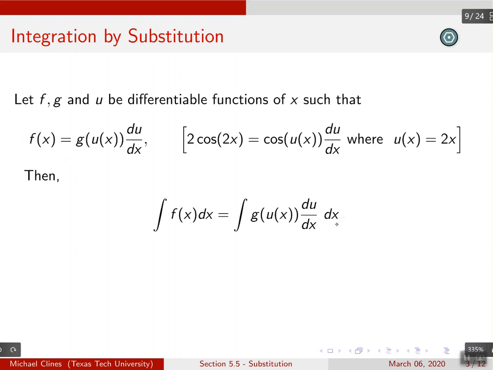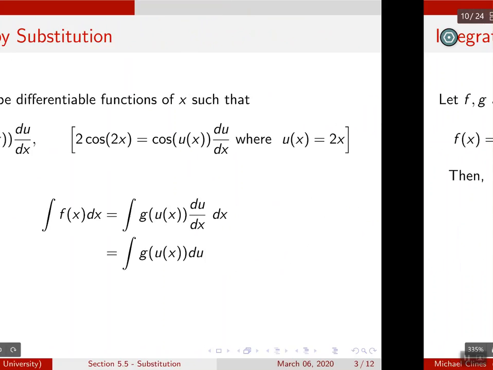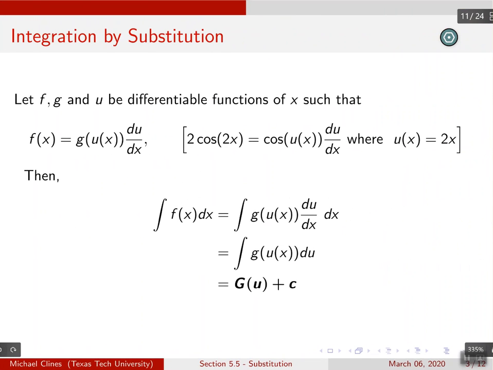They can actually cancel with each other. So we're just left with the integral of g of u of x du. And then from there, that integral is going to be capital G of u plus c, where capital G is the antiderivative of little g. And then we have our little integrating constant there at the side.